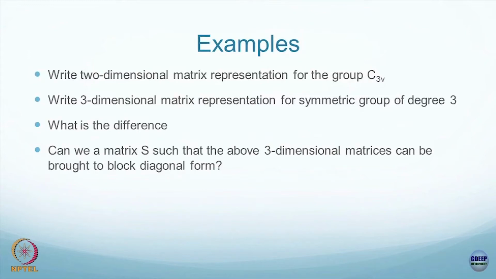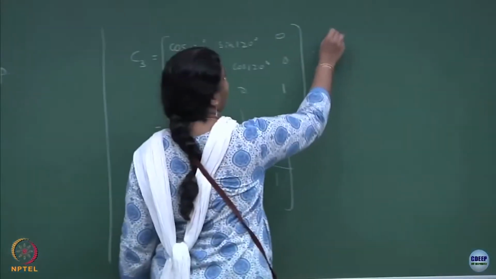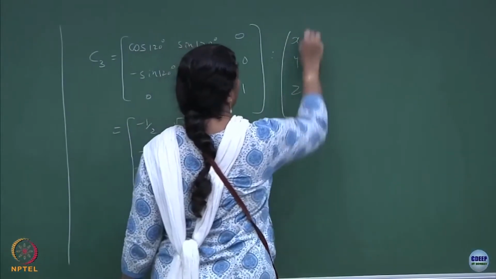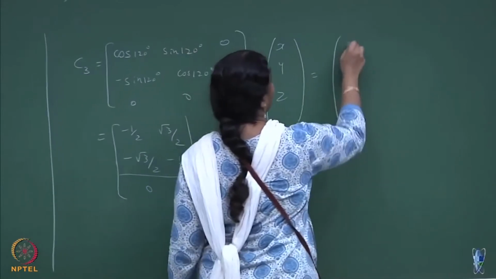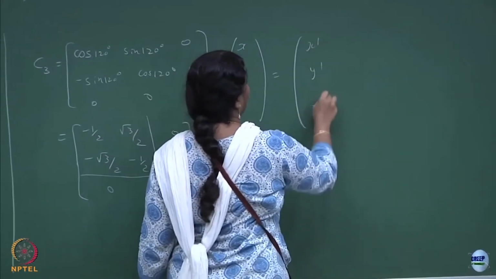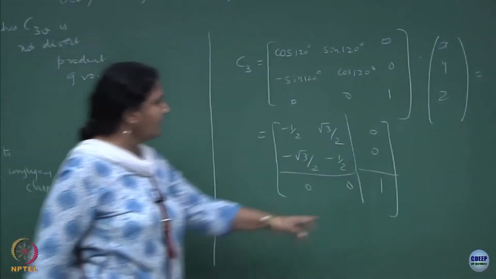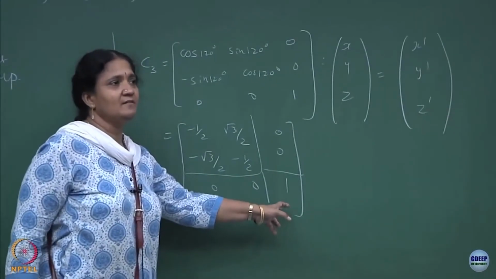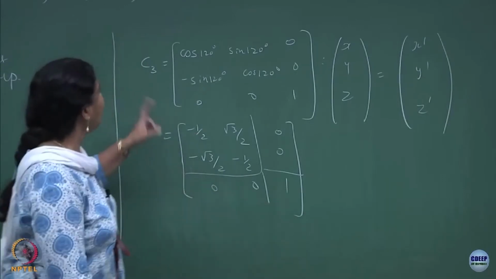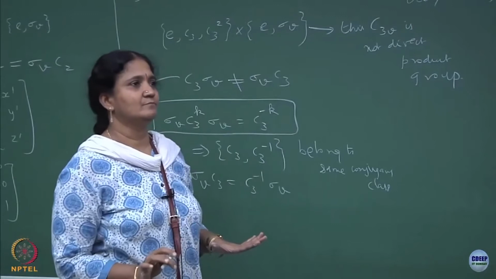So, instead of working with the xyz basis, so this one is acting on xyz, giving you x prime, y prime, z prime. And you see that the z component is never changing. You could also work with these matrices acting on the xy plane.